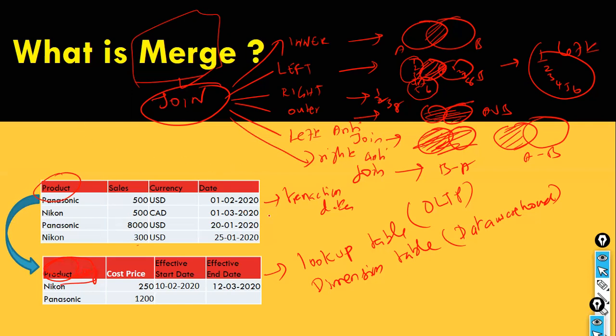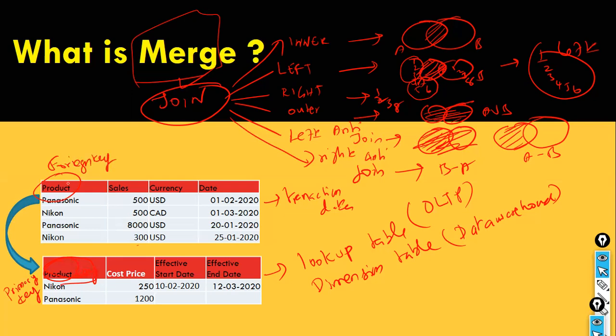It captures each and every transaction. But here you can have duplicates in this column. In the lookup table or dimension table, this column should not have duplicate values in it. Hence this is called your primary key. And in this case, this is called your foreign key.